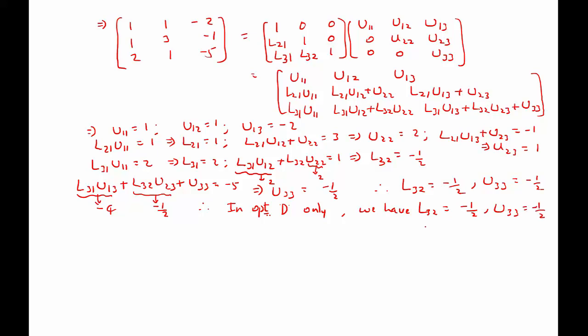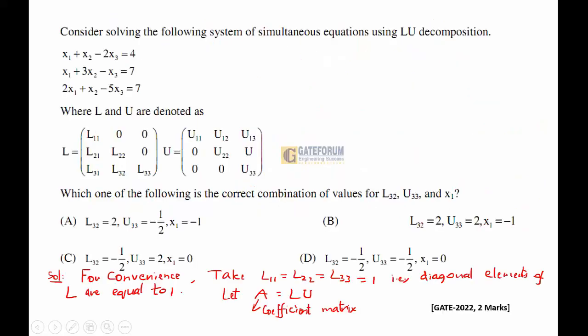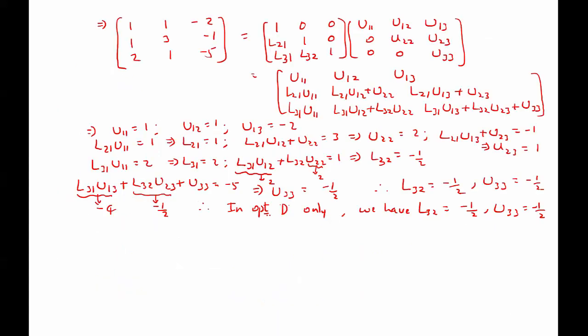So not required to find the X1 value. So accordingly, the answer is option D. If you are interested, that means if L32, u33, the same minus half, belongs to one more option, then you go for finding X1 below. So this is the answer. Option D is the answer.